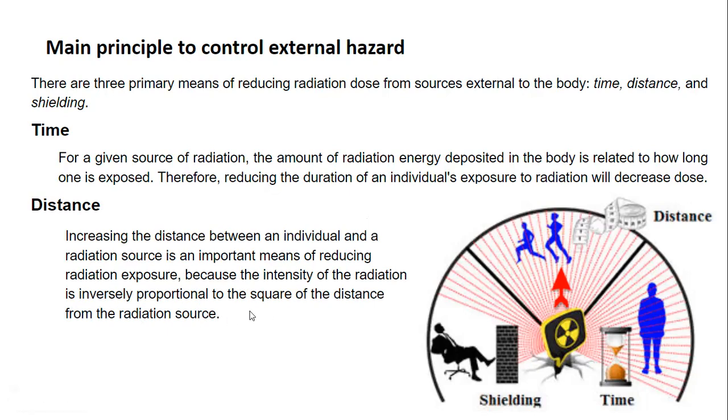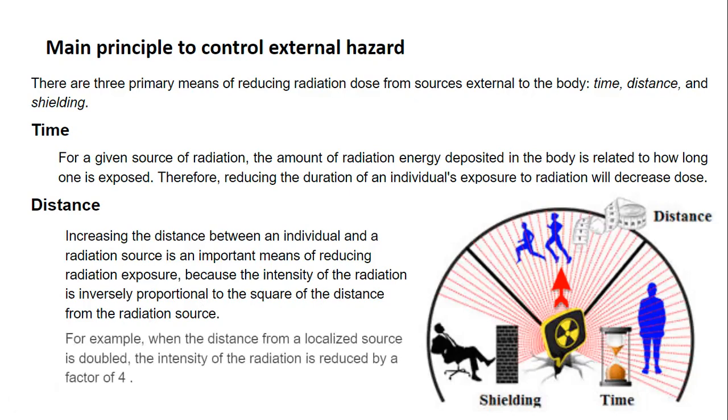This was previously discussed in the lecture: the intensity of radiation or any electromagnetic spectrum is inversely proportional to the square of distance from the source, whether ionizing or non-ionizing. For example, when the distance from a localized source is doubled, the intensity of radiation is reduced to 1/4.